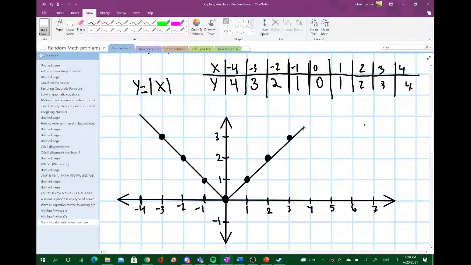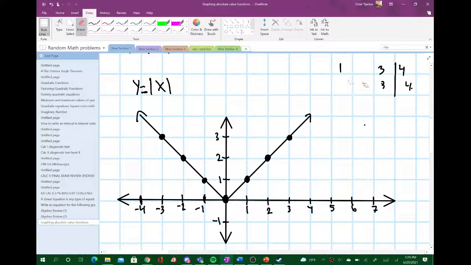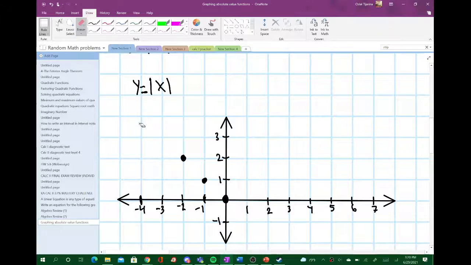So I'm going to do the same example, except this time I am not going to use a table. I'm going to relate it to the form of an absolute value function, right? So let's just look at it again this time.